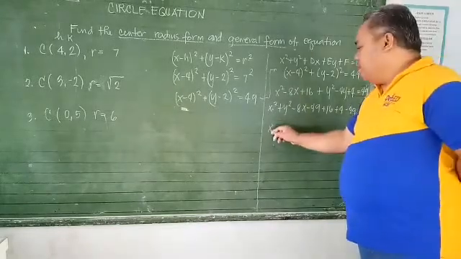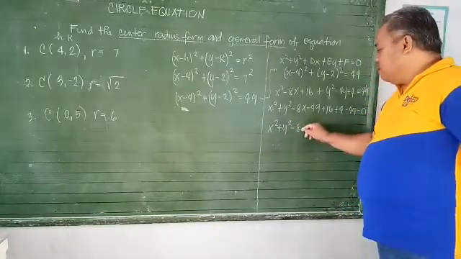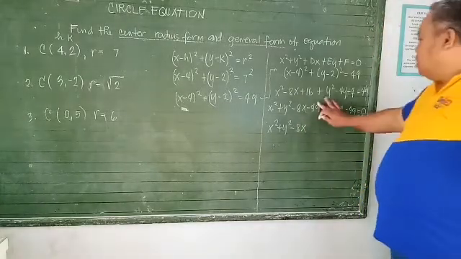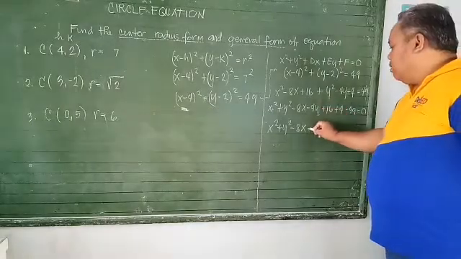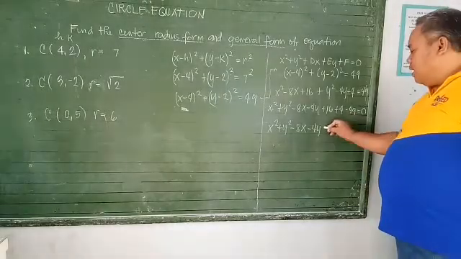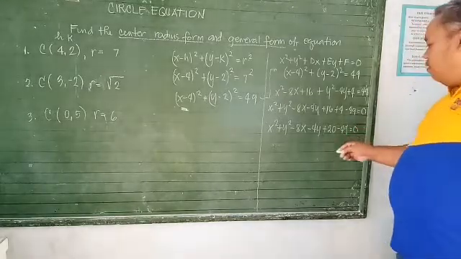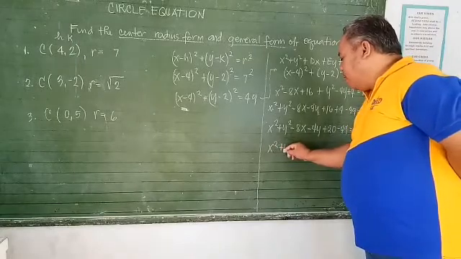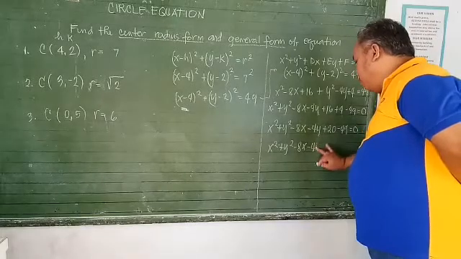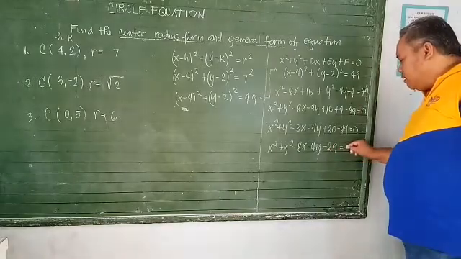So this is x^2 + y^2 - 8x, that's not 49, that's 4y, -4y. So that is plus 20 minus 49 is equal to 0. So this is x^2 + y^2 - 8x - 4y, minus 29 is equal to 0.